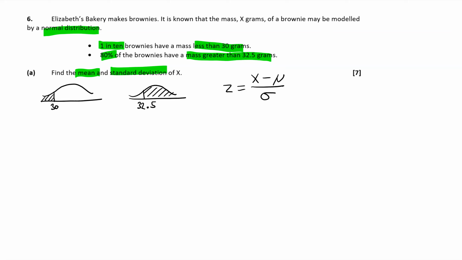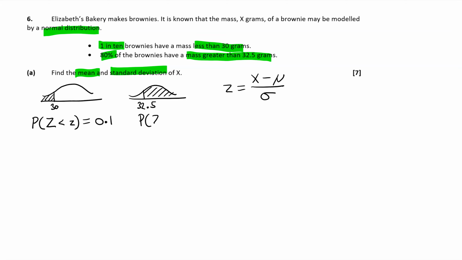So I'm going to need to use inverse normal to do that, because I know the probability that big Z is less than little z equals 0.1. So I need to find out how many standard deviations away from the mean you need to be in that bottom 10%.